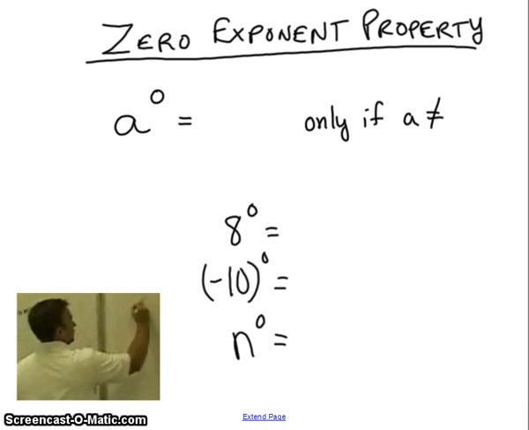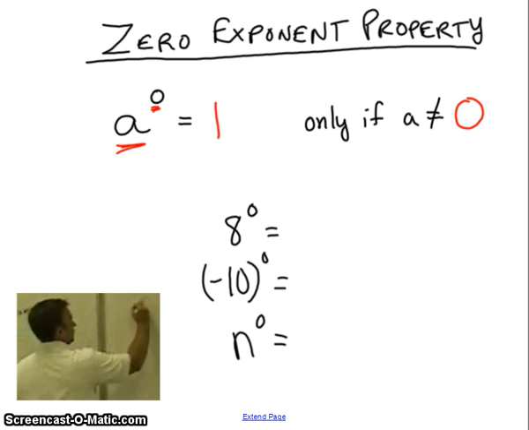All right, on to the first property. The first property is the zero exponent property. What this means is if we have a base, and in this case our base is a, some number, raised to the 0 power, it is 1, and this only works if a does not equal 0.